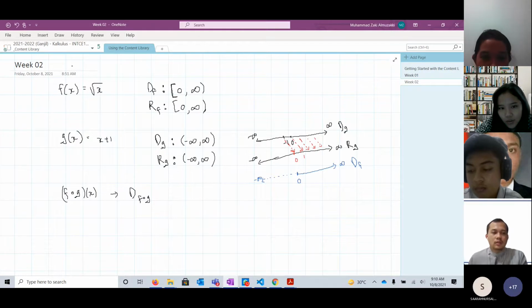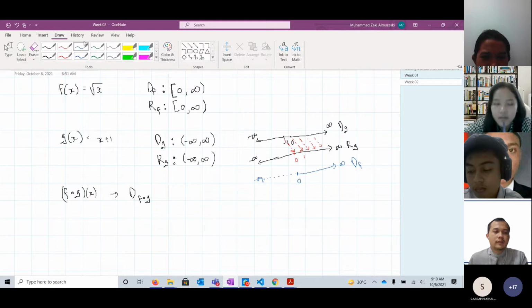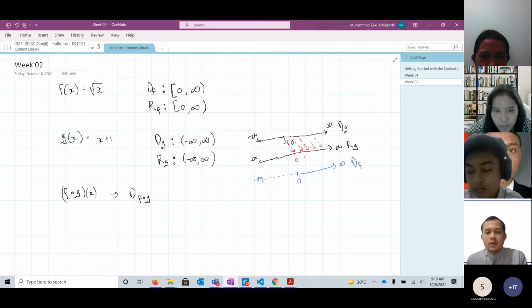So to construct the domain of f composed with g, we need to take a look at the domain of g for which the range of g is included in the domain of f. So now let's cut it up to this point.